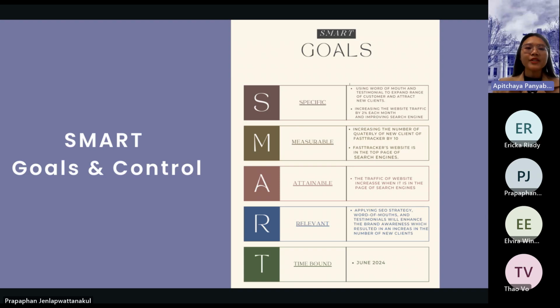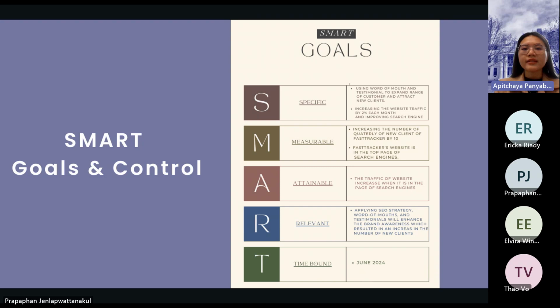We also ensure that the objective of increasing brand awareness of FastTracker is measurable and achievable by using a SMART growth strategy to set specific criteria. This objective will be achieved by using word of mouth and testimonials from previous services that FastTracker provided to customers to expand the range of customers and attract new clients.